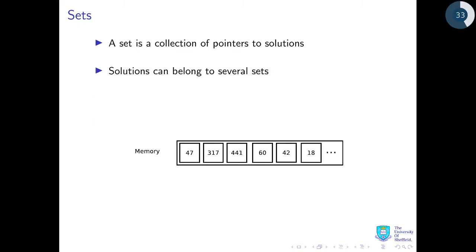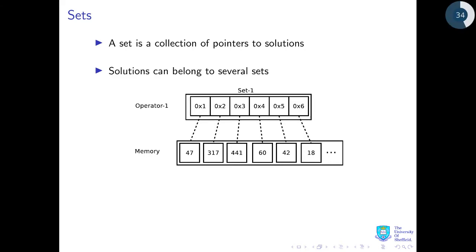So let's imagine we have several solutions. They have been created already, so they are somewhere in the memory. Now let's see an operator. One operator here, for instance, creates one set, and that set could contain all the solutions which have been created so far, as we are showing here.